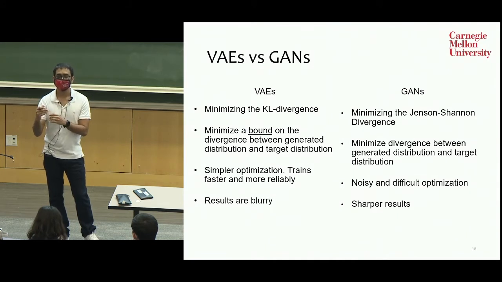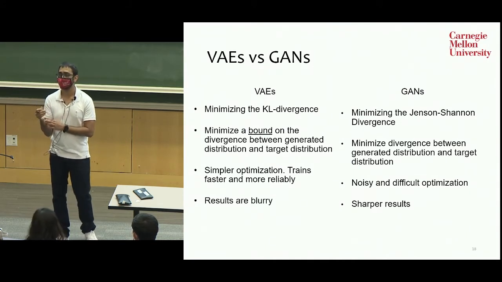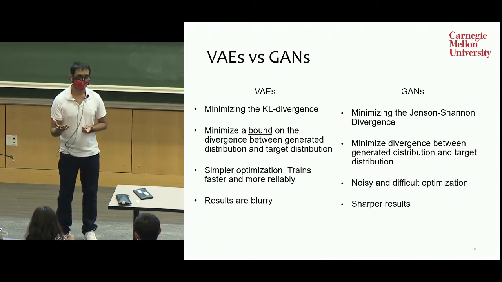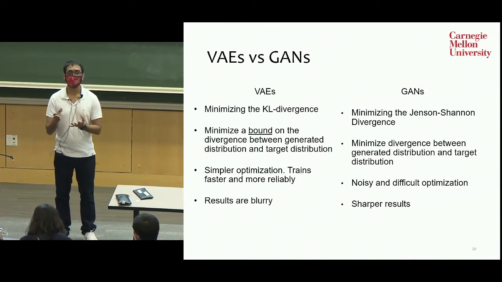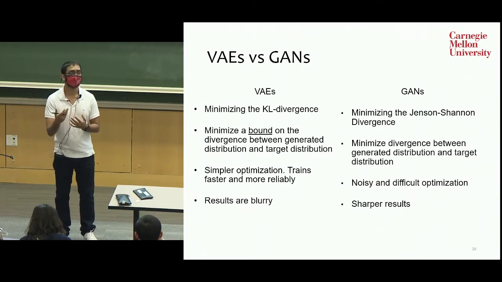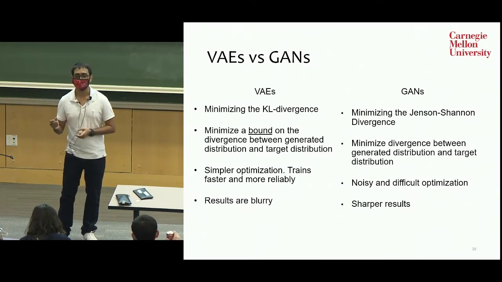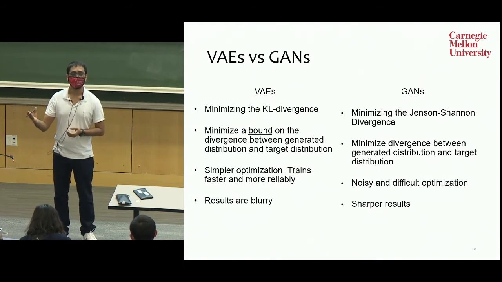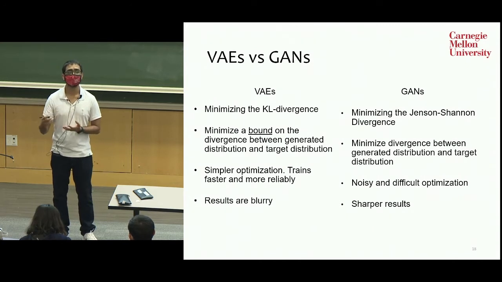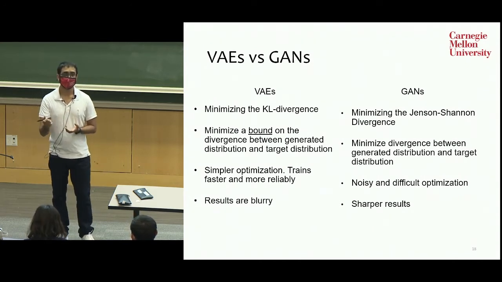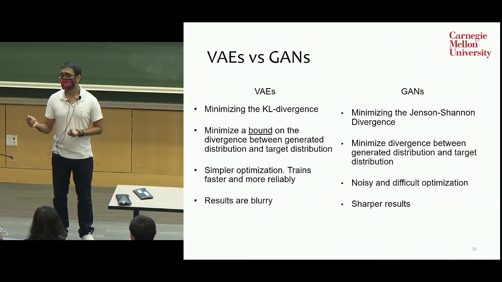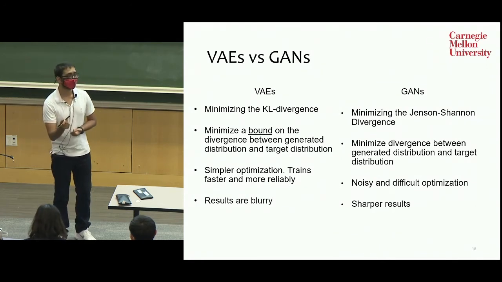When you learn from that latent space, there is a loss of information, and you are trying to reconstruct the input data from that latent space with your decoder. So when you go to the latent space, you lose some information, and that's why the results get blurry.